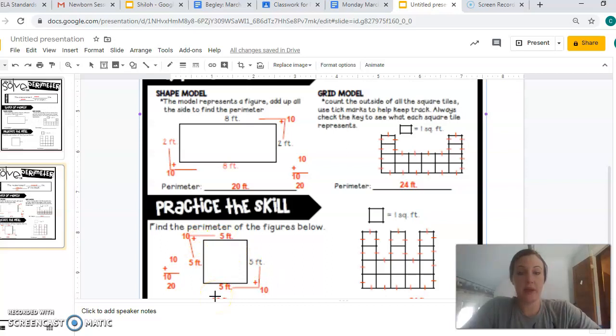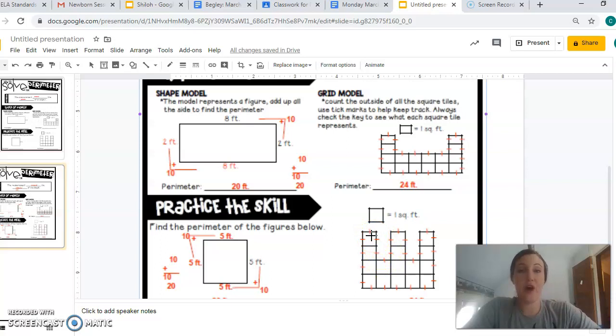The square is the same on all sides. So all of them should be 5. If I add up all 4 sides, what do we get? And then here, you're going to count your tick marks. Draw them, count them, go all the way around the shape.